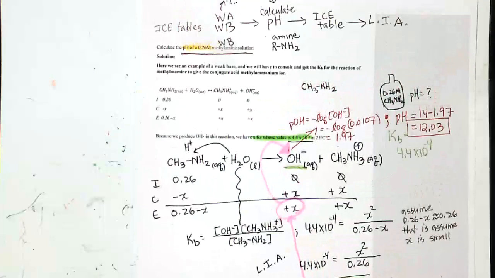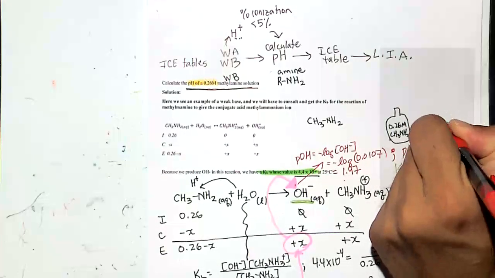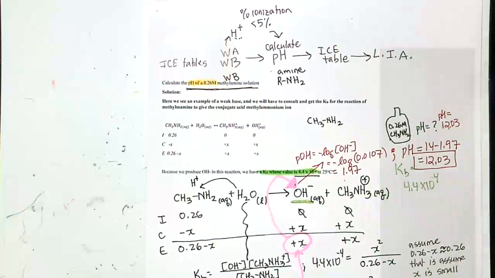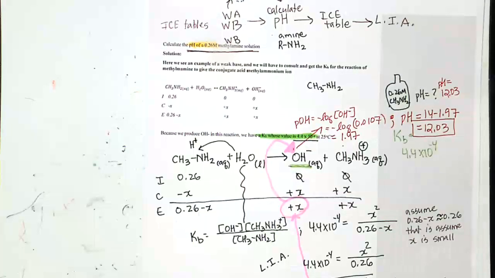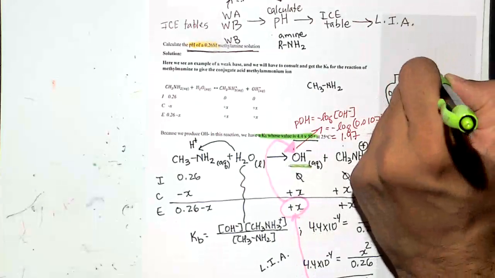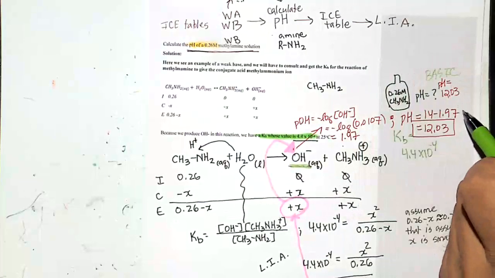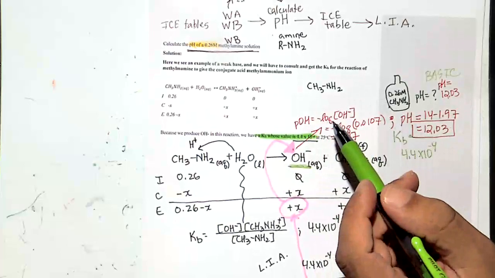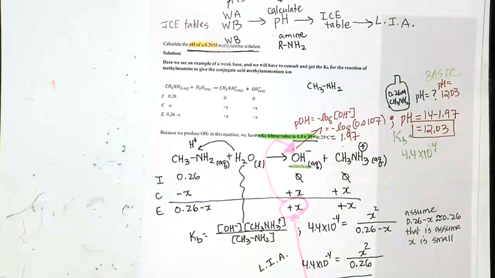This is the answer. So the pH is going to be 12.03. So, is that basic or acidic? Well, methylamine is a weak base, so it's going to be basic. We predict more OH minus than H plus. Above 7, then it's basic.